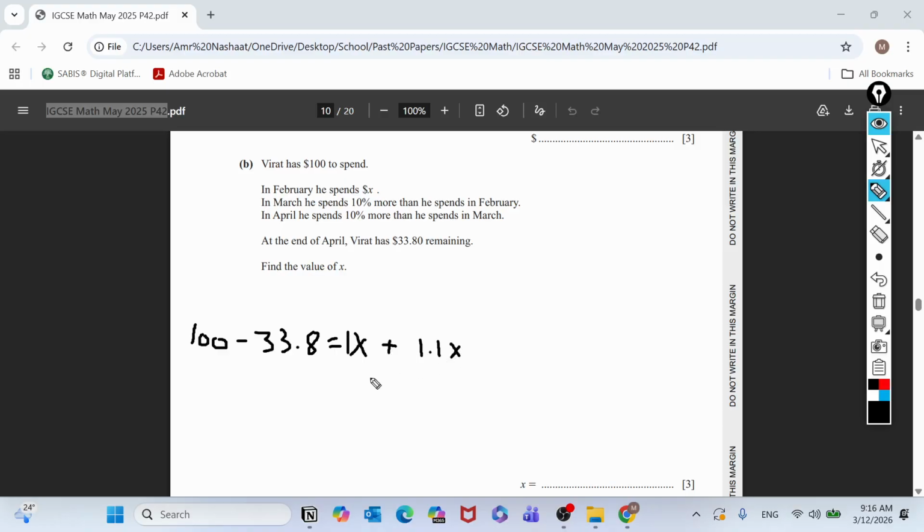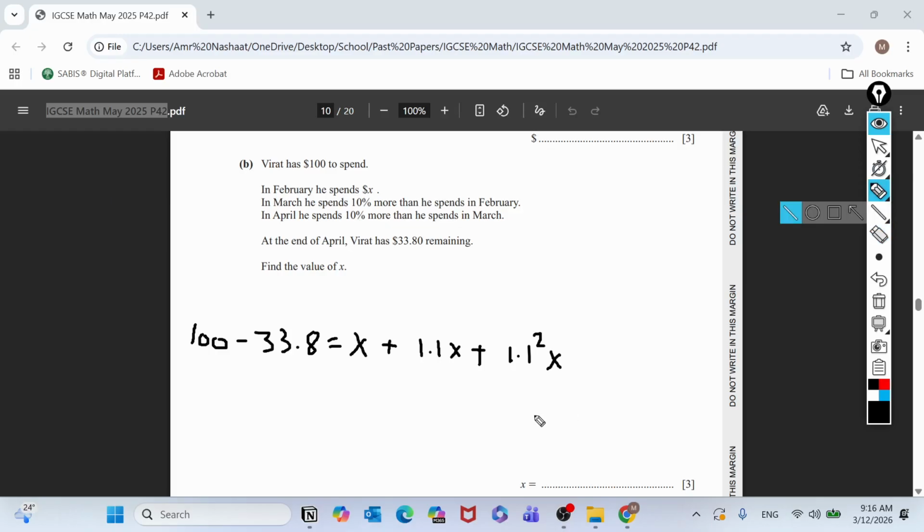And then he spent 10% more. So it's what? Plus 1.1 times 1.1, so 1.1 squared x. And yeah, put this on your calculator, shift solve, and you should get the answer.